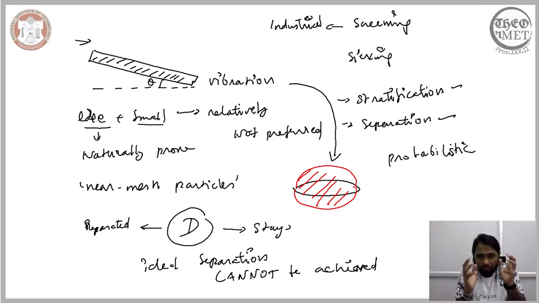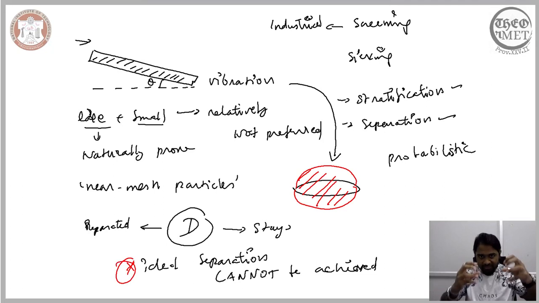What we mean by probabilistic is, despite having definite events contributing to the screening, and an easier way of describing the overall process, because of the randomness and probability associated with it, it is not physically possible, and this is a critical point, for us to achieve an ideal separation.